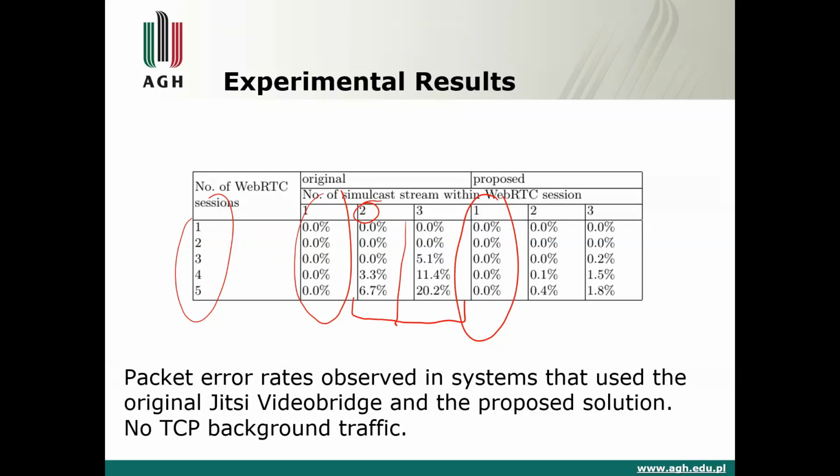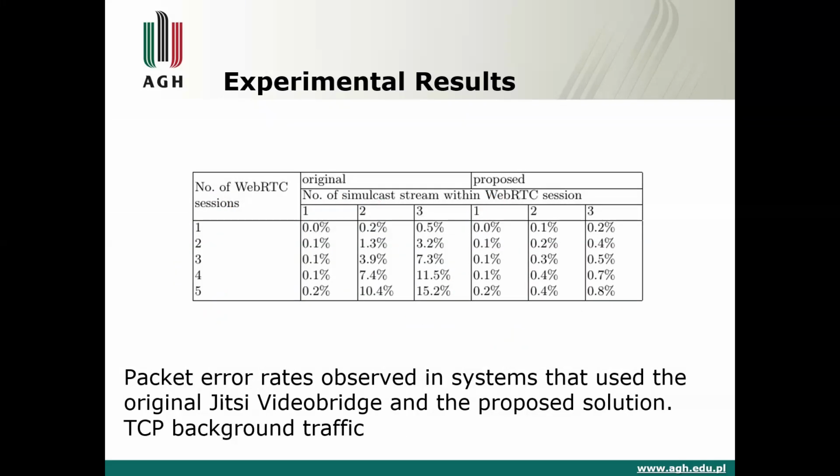When we have multiple TCP streams, errors are smaller because of the TCP background traffic we observe in the link, which gives faster information in congestion control in the RTP protocol.